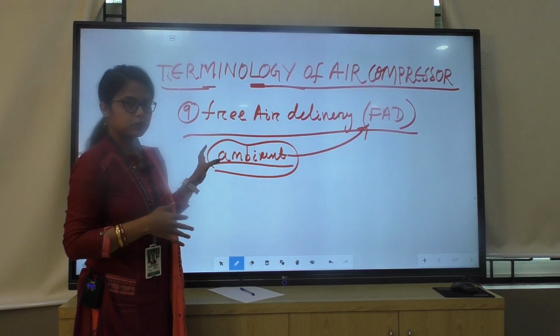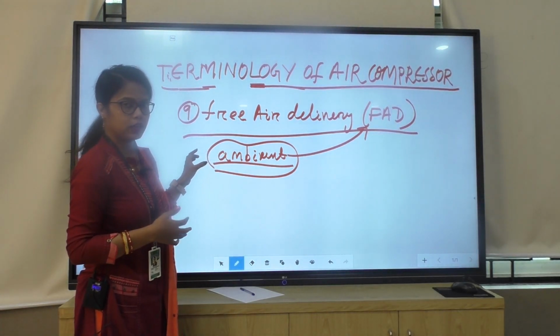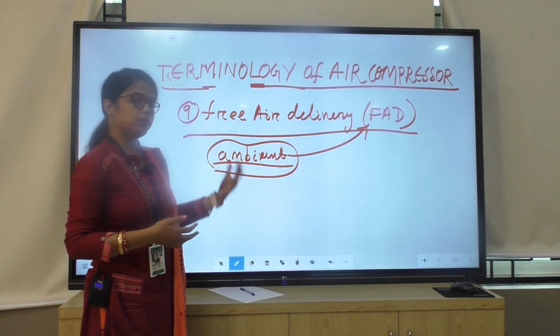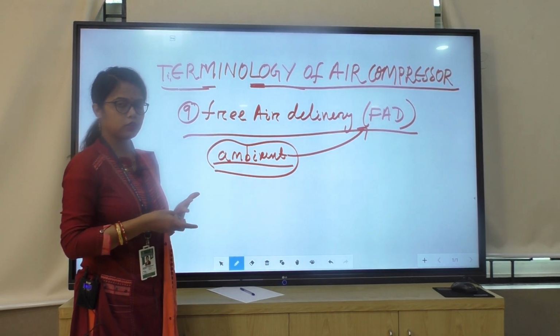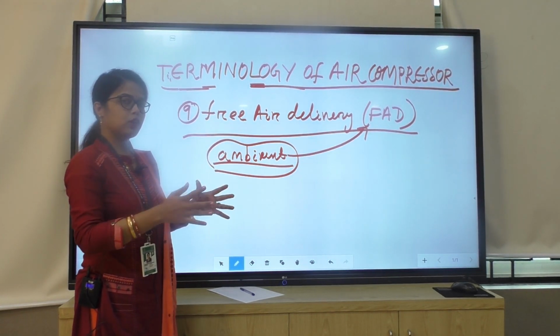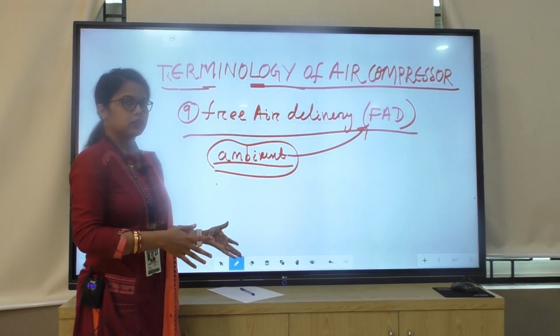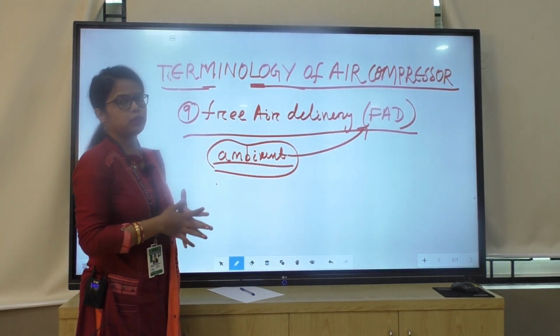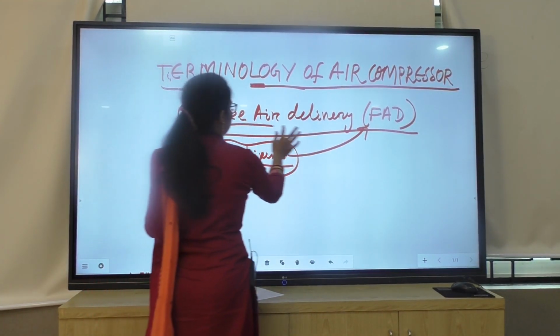It will definitely expand and the pressure will be reduced up to the atmospheric condition, and when that particular volume is stored in a cylinder, that volume is called free air delivered.